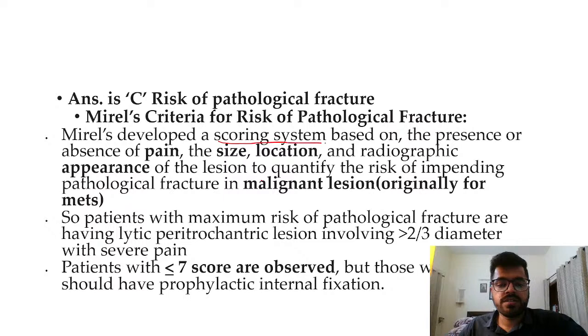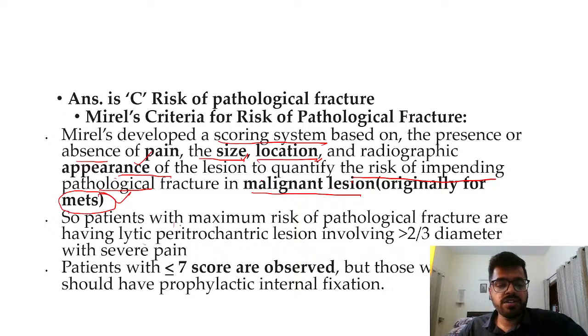There's a scoring system which is based on the presence or absence of pain, the size of the lesion, the location of the lesion, and the radiographic appearance of the lesion to quantify the risk of impending fracture. Originally it was described only for metastatic lesions.